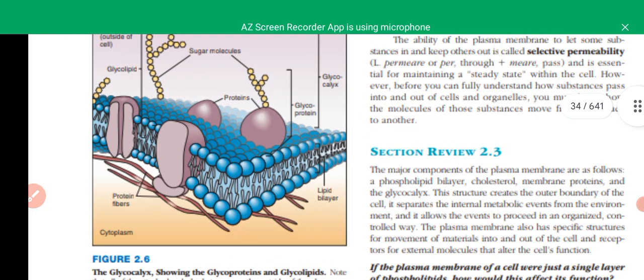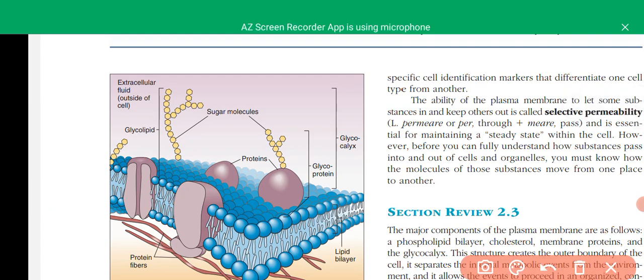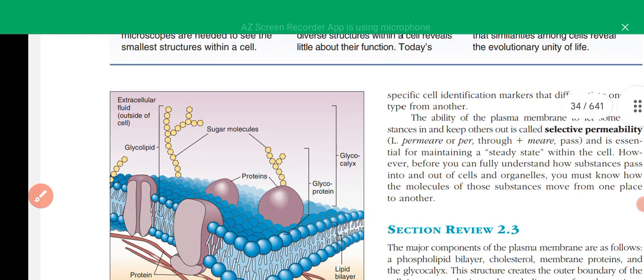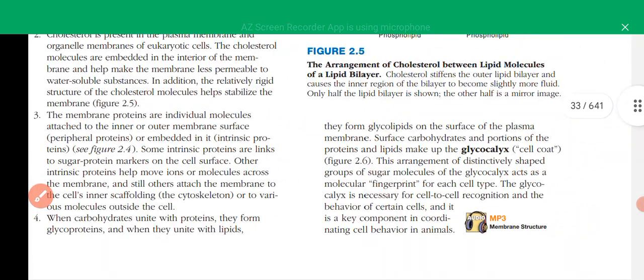If we talk about the glycocalyx, these are the glycoprotein and glycolipid molecules. All these glycoprotein and glycolipid molecules are called the glycocalyx. It helps in fingerprinting and is a marker for particular types of cells. They are also called cell codes.